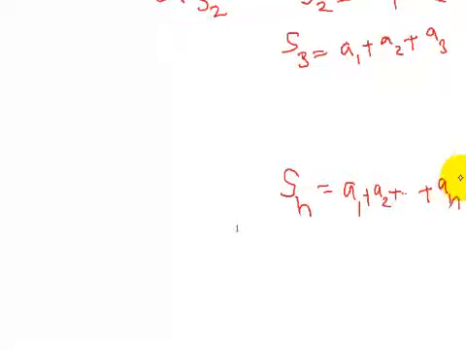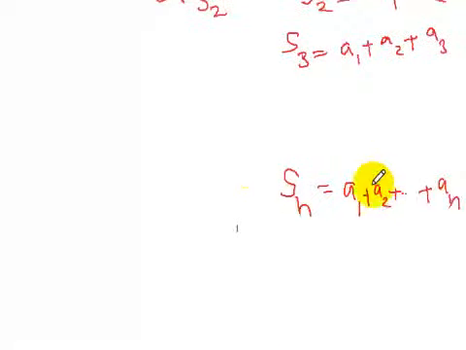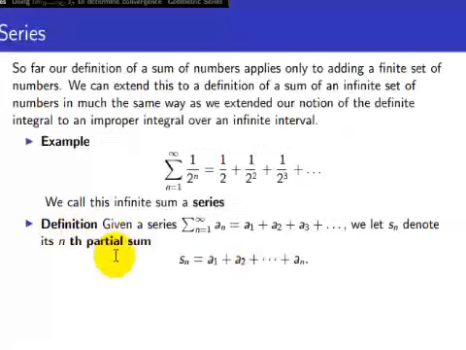Adding all terms from 1 to n, you get the nth partial sum, right? If you look at the note, the definition of the nth partial sum is given. So if you have an infinite series like this, then you can define the nth partial sum.